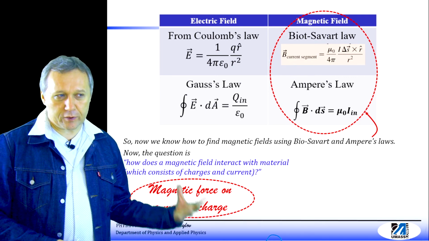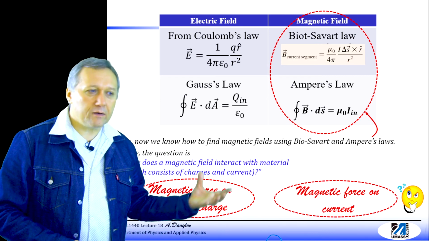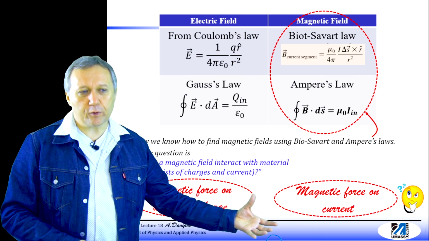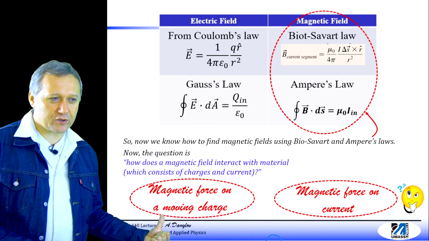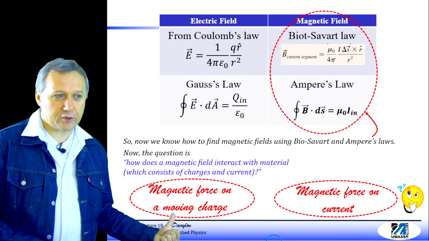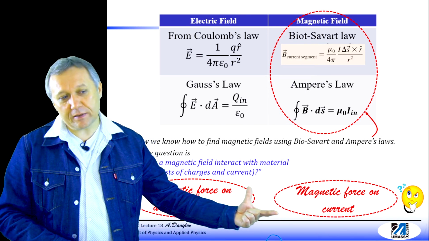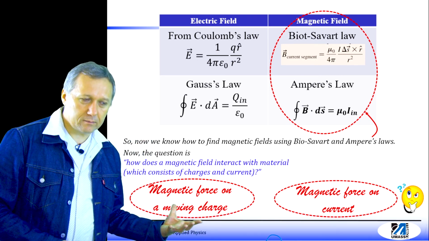And the second formula, which I'm planning to present today, is not fundamental, but a really useful, practical formula. Magnetic force on a current, right? And since current is just a bunch of point charges moving in the same direction, pretty much it means that this formula can be or should be easily derived from this one. So again, this is fundamental, right?